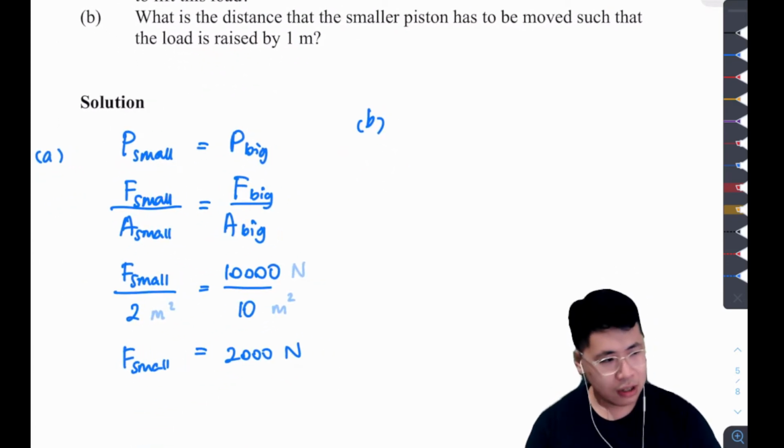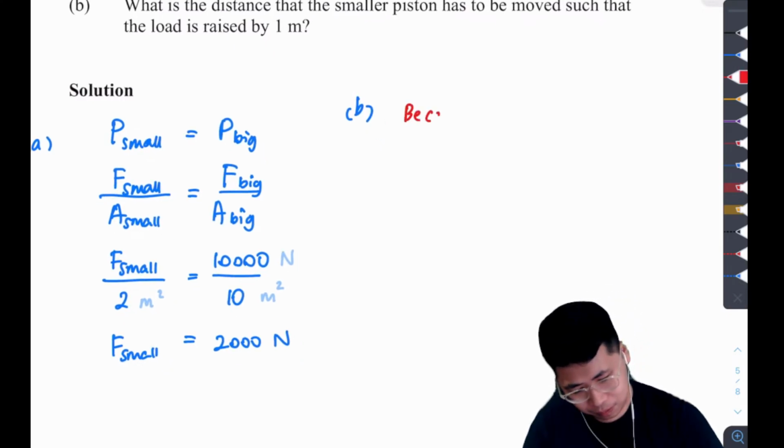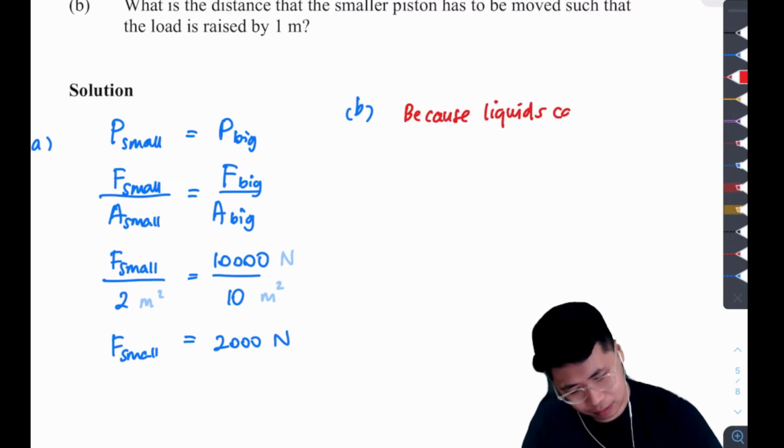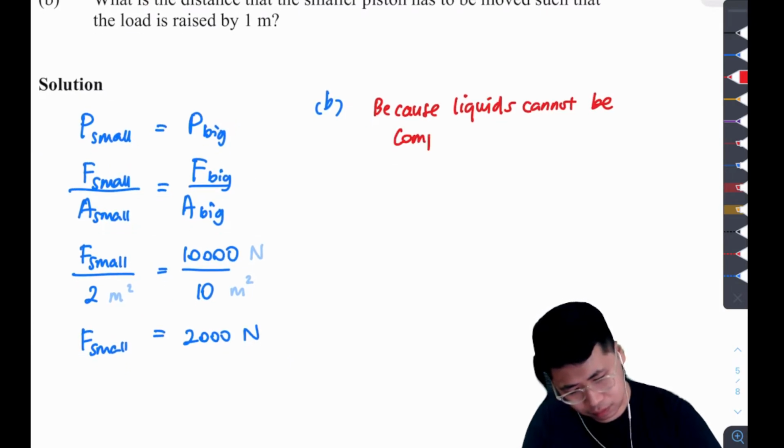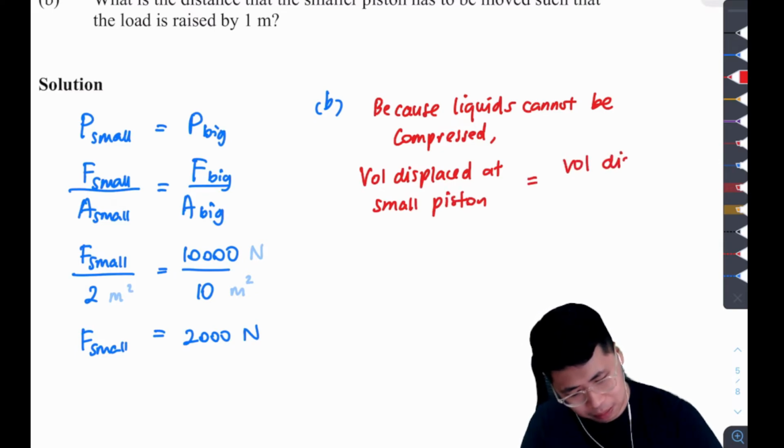Because liquids cannot be compressed, the volume displaced at the smaller piston is going to be the same as the volume displaced at the larger piston.